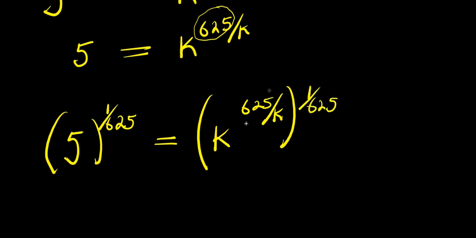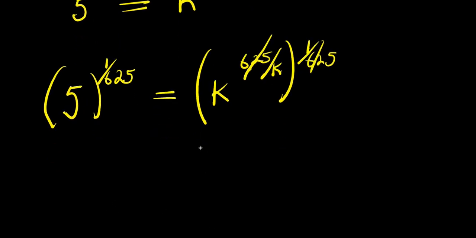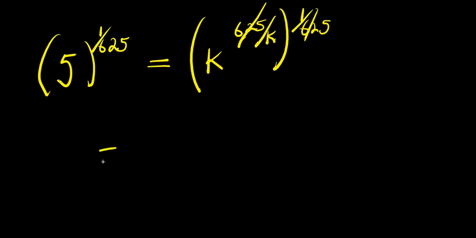So right now, this eliminates this. I will simply have 5^(1/(6/5)) equals k to the power of, this is 1/k.